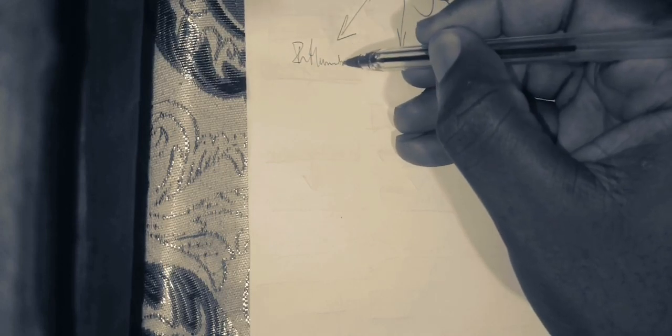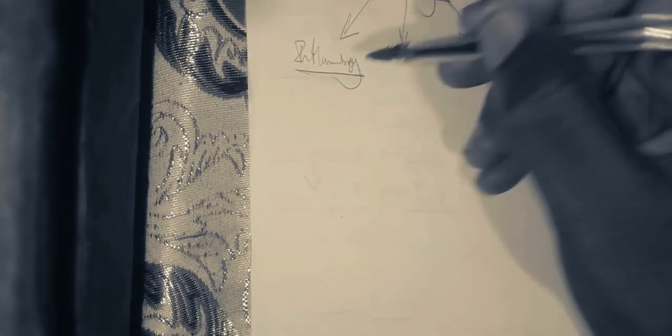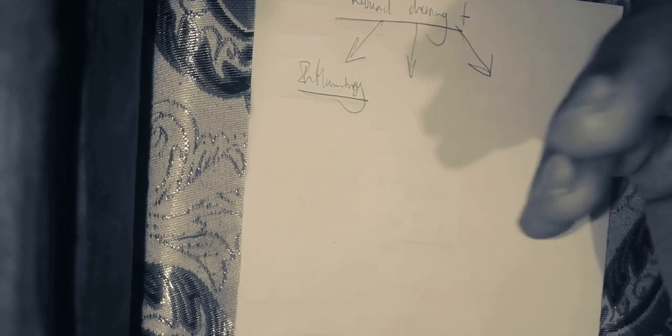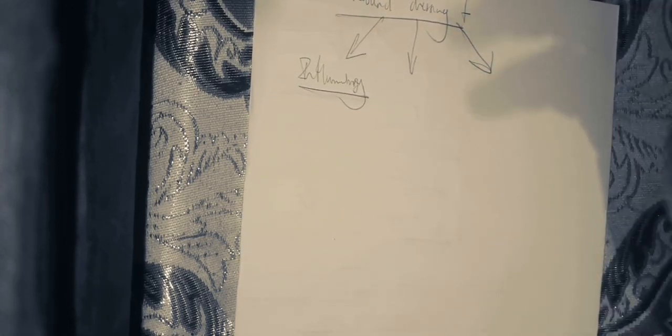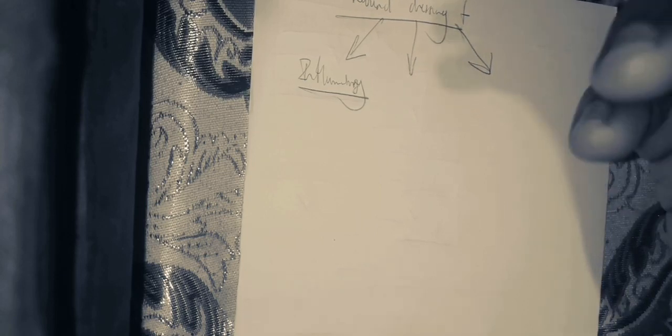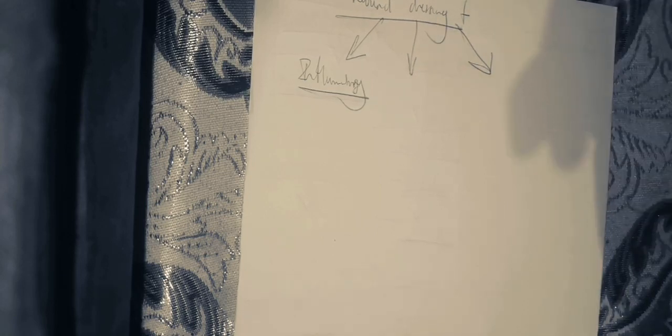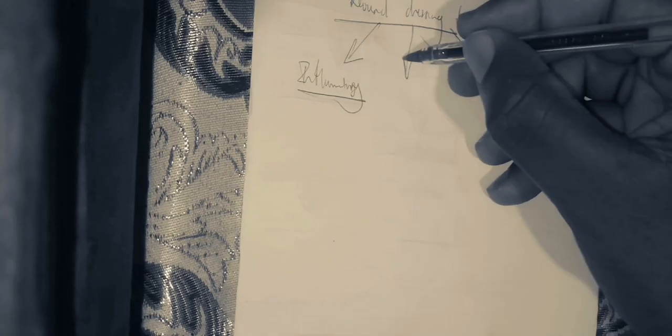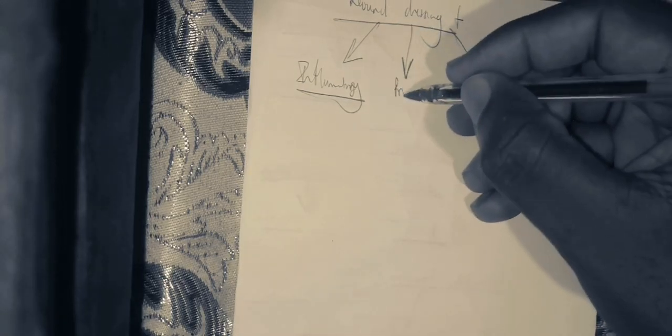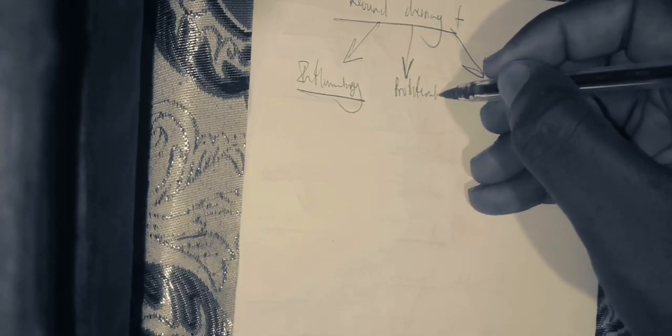You have the different stages, the inflammatory phase. Is it clear? The inflammatory phase can be visualized on physical examination of the wound or the ulcer. The second one, you have the proliferative phase.